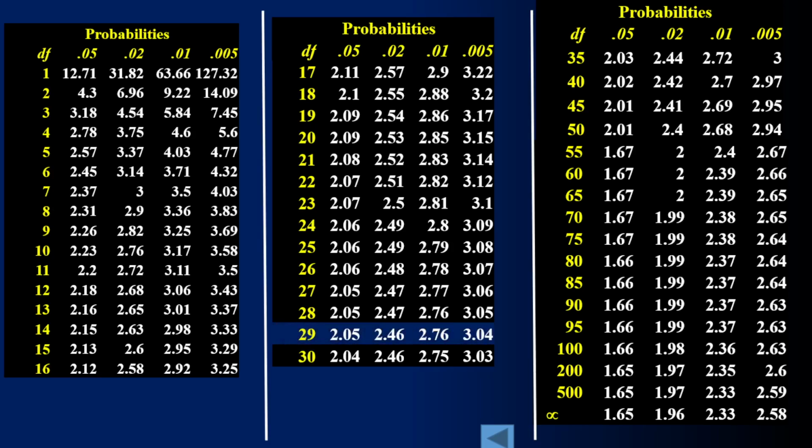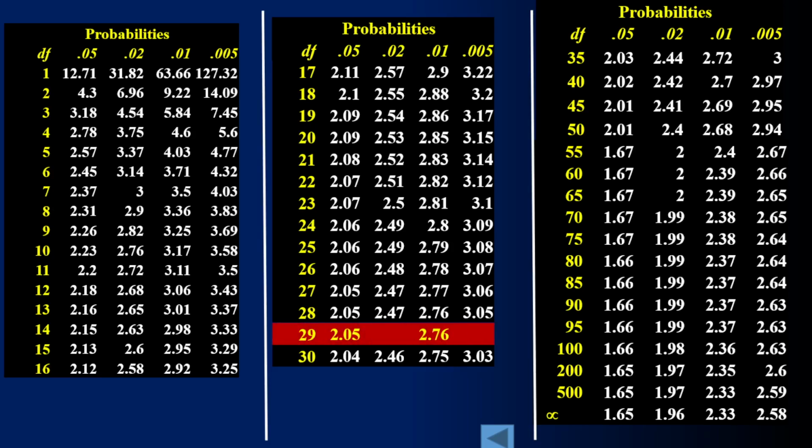We have to see the values under 0.05 and under 0.01, which are probabilities. Under these, in the line of DF 29 we have to see the values. Under 0.05 it is 2.05, and under 0.01 it is 2.76. We have to remember these two values.